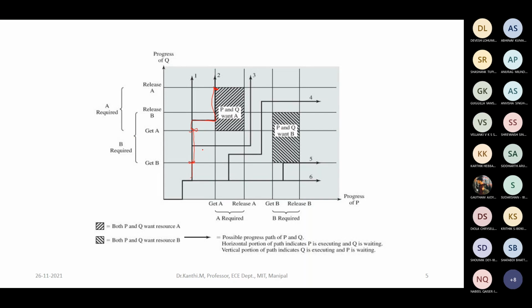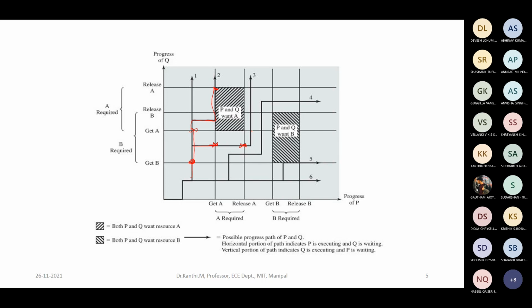Similarly, the next situation you can see here. Q will hold B, and now P is trying to acquire A. Since A is available, it can acquire it, and then it releases A after some time as per the sequence.